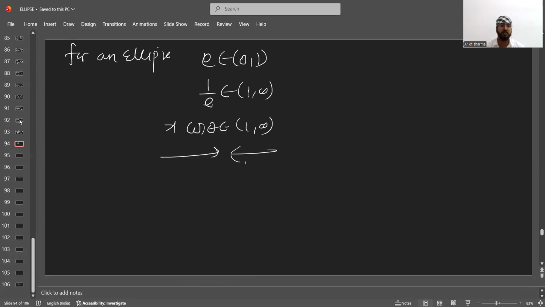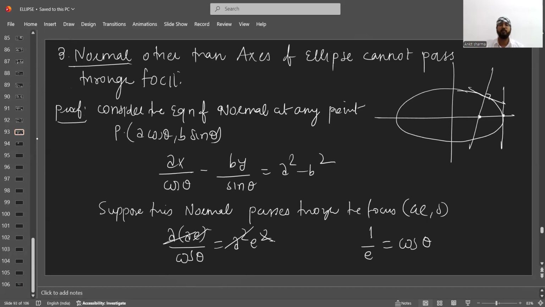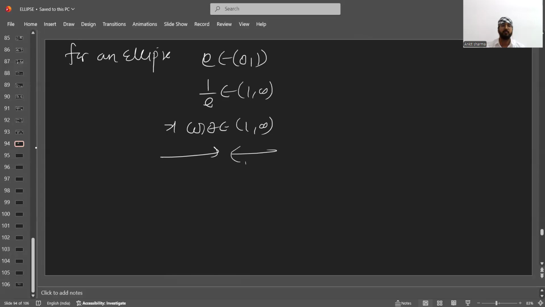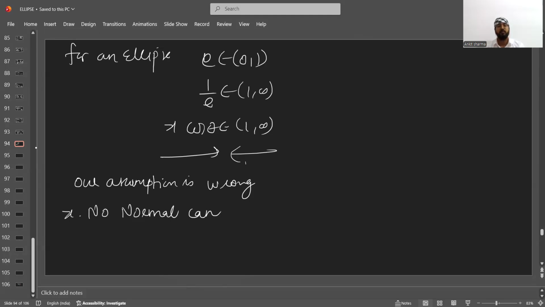This contradiction arises because we assumed that the normal passes through the focus (a, 0). So our assumption is wrong. This implies no normal can pass through the focus of an ellipse.